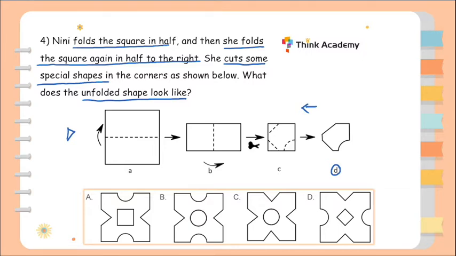Since this one is a square, it will look exactly alike. If we're looking at B, if we are unfolding from D, it will be like that. And if this is D, the other end will be the reflection of D. So why don't we try and look at what the reflection would look like on D?